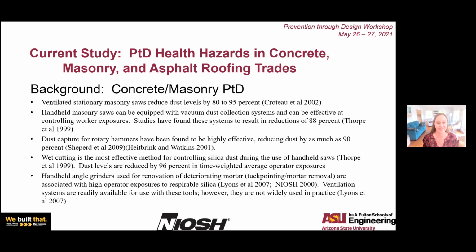These are very highly effective methods of reducing this risk. So we have them for many of the major tools that are used, rotary hammers, angle grinders, all have either come equipped with ventilation or have aftermarket devices that can be attached to collect the dust.